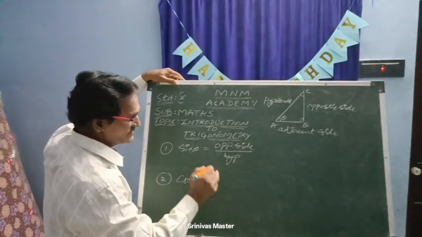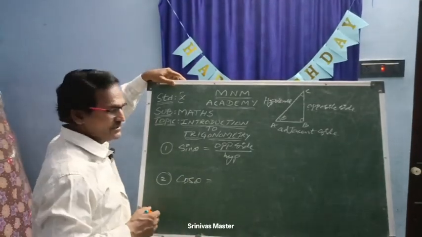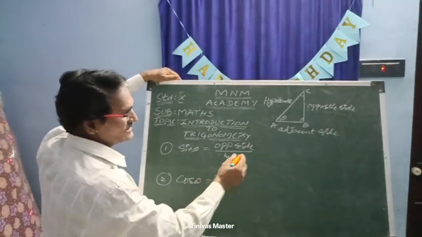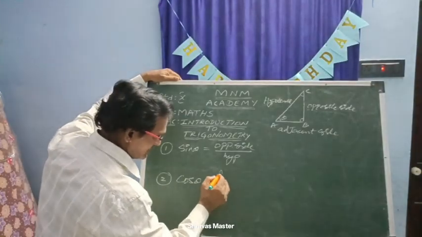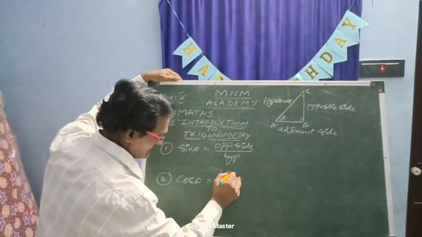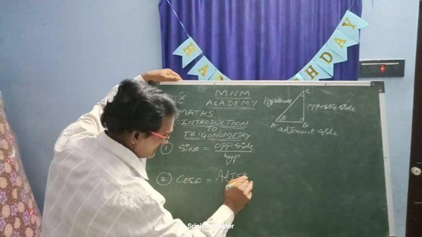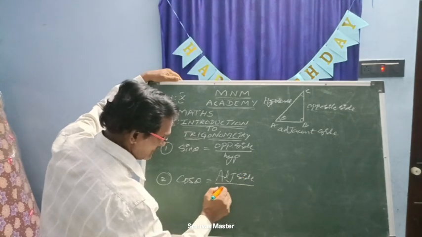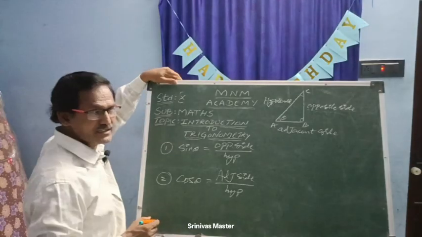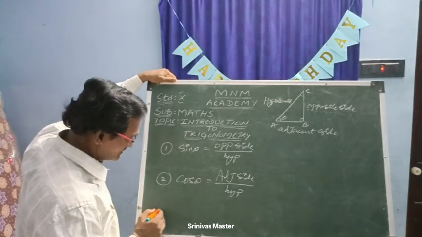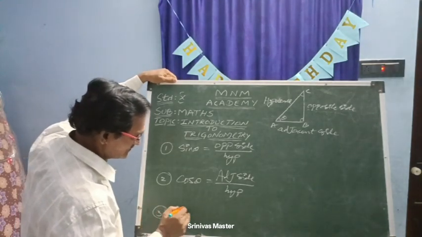The second one is cos theta. The short form is cos theta. Cos theta is adjacent side by hypotenuse. And the third one is tan theta.